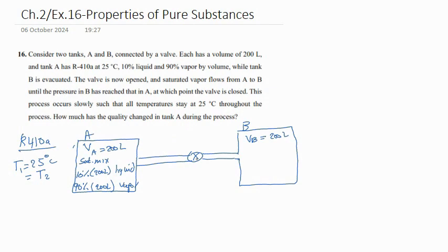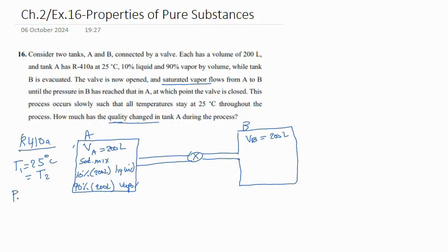When the valve is opened, temperature remains the same, but only the saturated vapor flowed from A to tank B. What does that mean? That means the quality originally in A has changed, and we need to find this quality change.